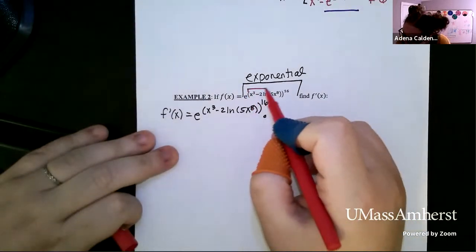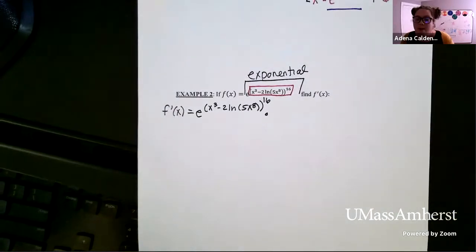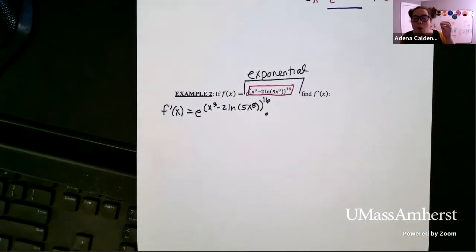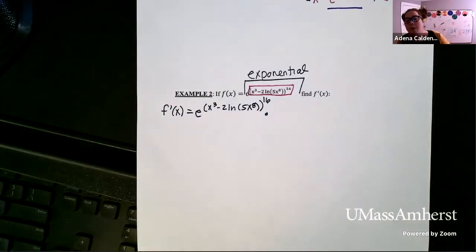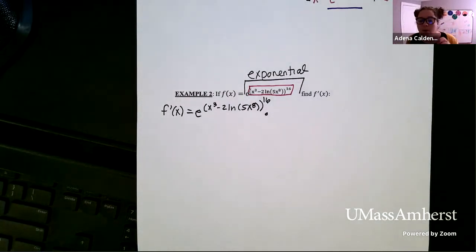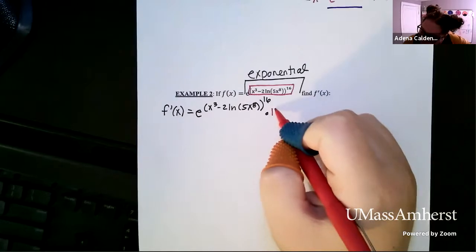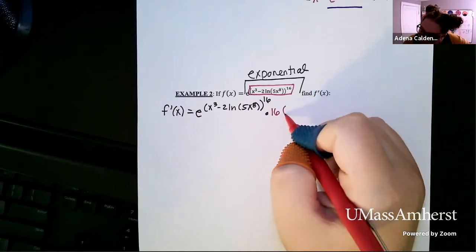So now when I think about the derivative of the power, I'm thinking about this entire function, and I'm thinking about what type of function is the power. And I see that I have parentheses raised to the 16th power. So now I have to think about a power rule. So I think, okay, the 16 will come down in front.